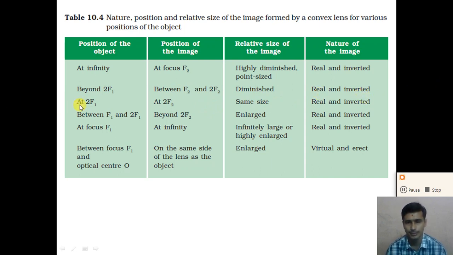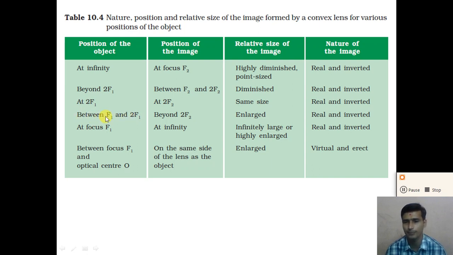The third case is when the object is placed at 2f1, the image will be produced at 2f2 on the other side of the lens. The size of the image is the same as the size of the object, and the nature of the image is real and inverted.